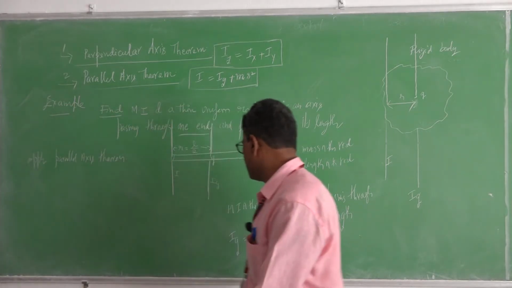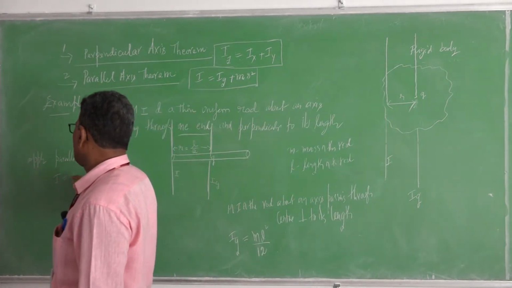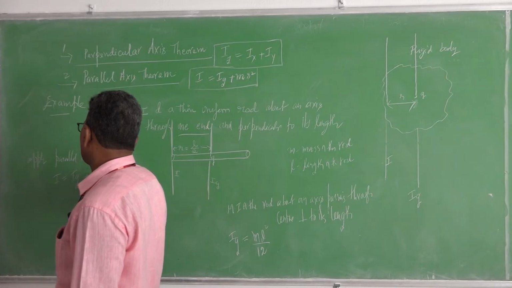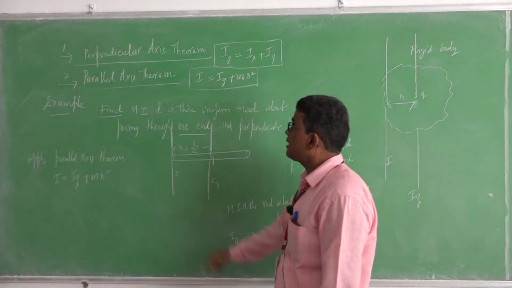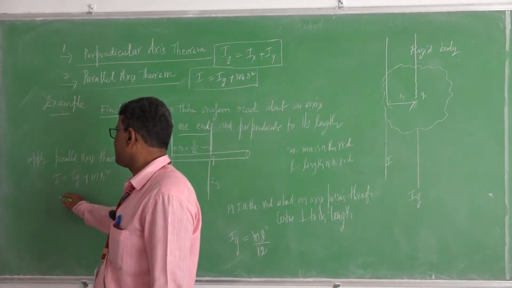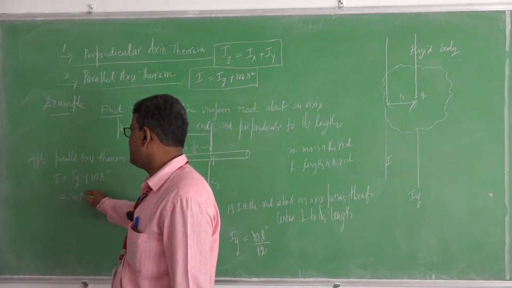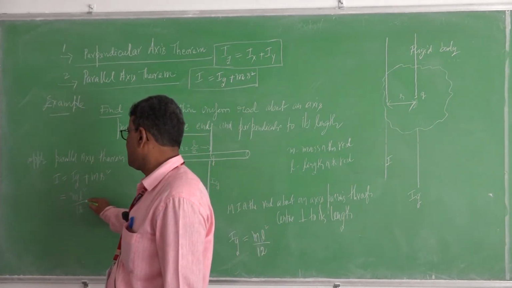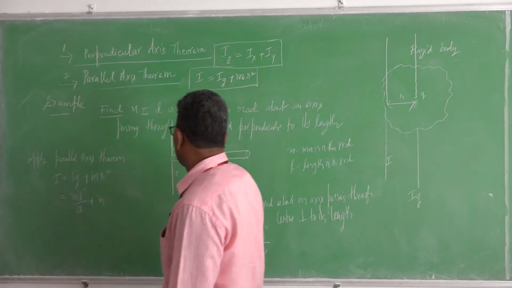So what do you get? I is equal to Iz plus mr square. This is the mathematical statement of the parallel axis theorem. So I want I. What is Iz? I got it as ml square by 12, plus m times, what is R?